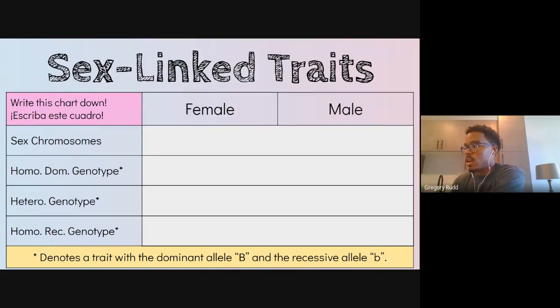All right. So hopefully that was time to write down this chart. Now let's fill it in. So can someone tell me what the female sex chromosomes are?